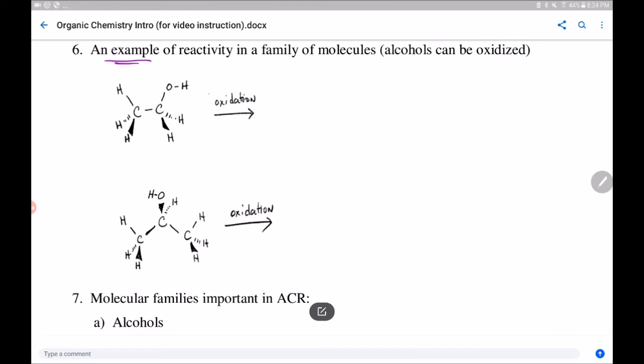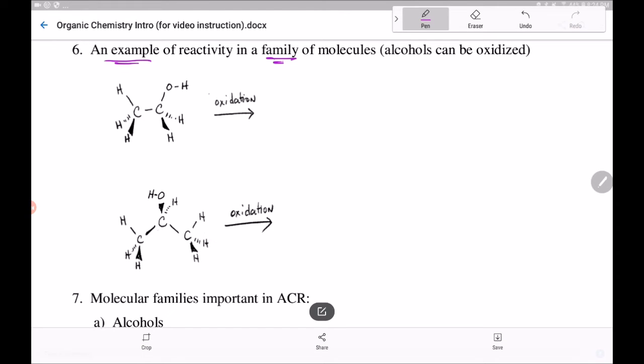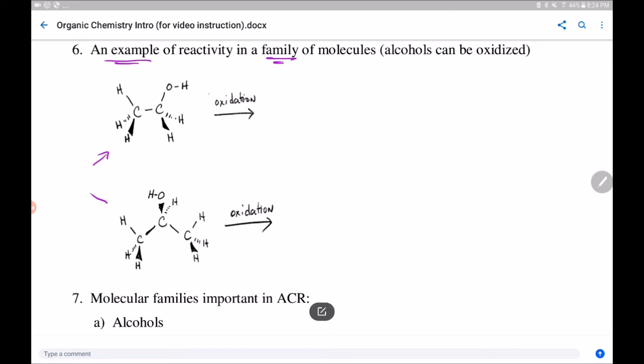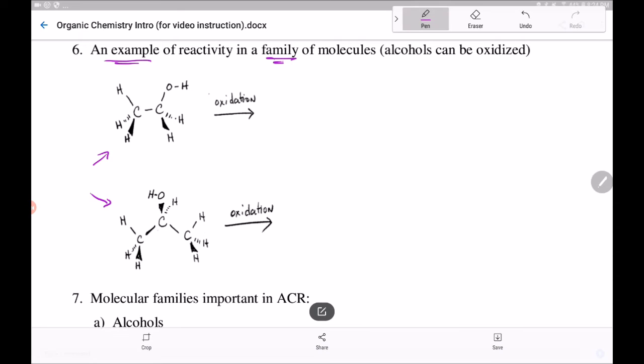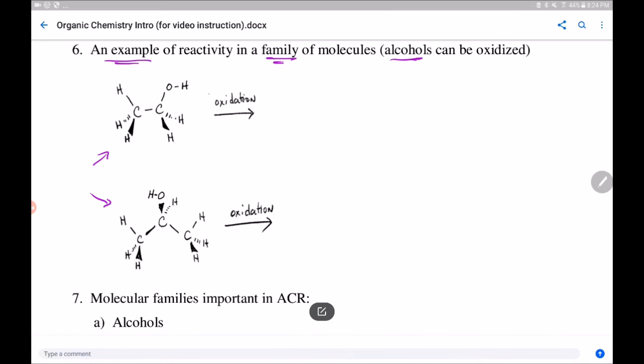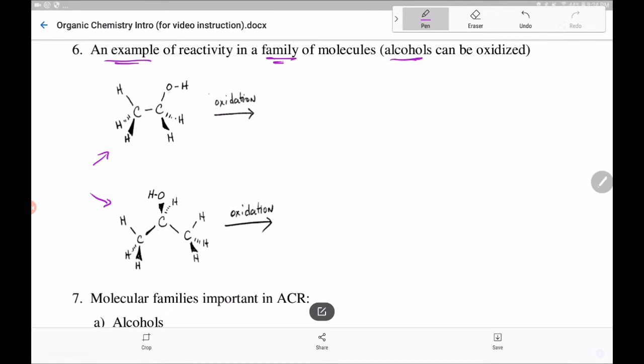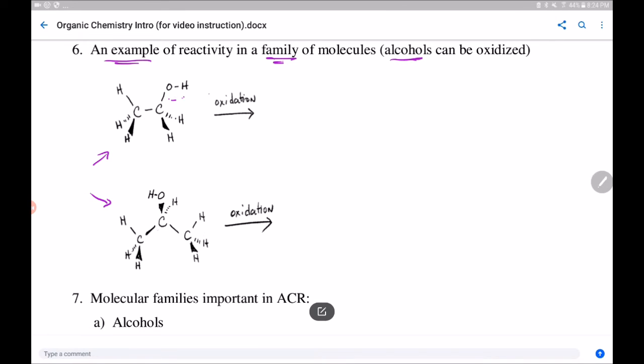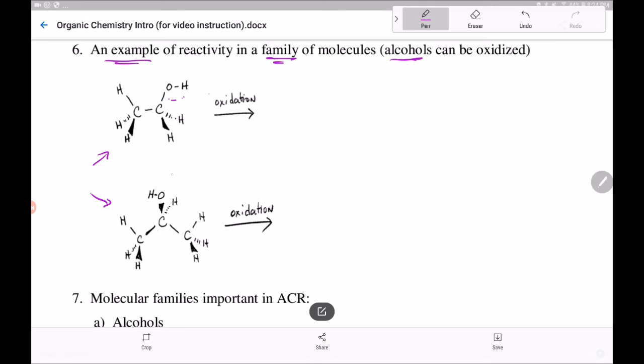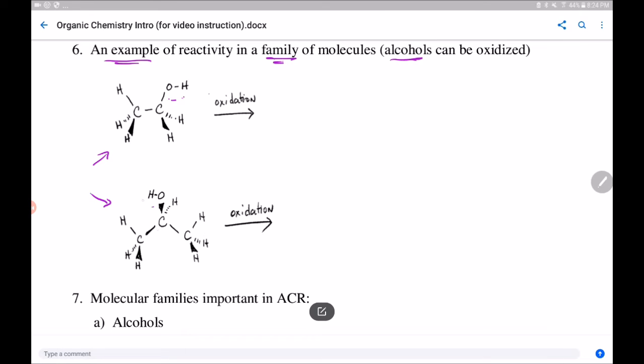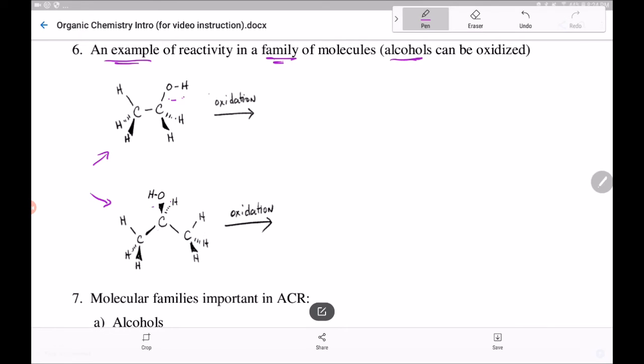Here's an example of what we mean by families and how they behave in similar ways. These molecules here you should recognize as alcohols. Alcohols have an OH functional group. You see up here, there's an OH functional group. Here in the middle, there's an OH functional group right here. So they're both alcohols. The first one's ethyl alcohol.